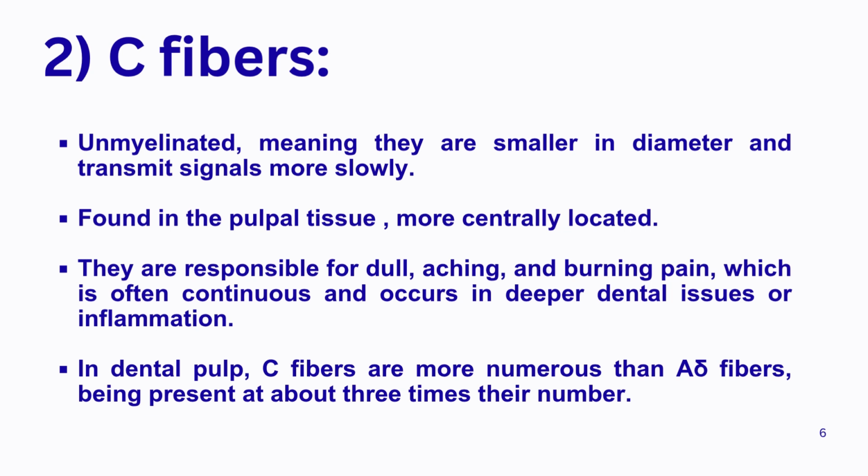The C fibers are located more centrally, in the pulp tissue, and they differ from the A delta fibers in that they are unmyelinated, smaller in diameter, and transmit signals more slowly. They are responsible for dull aching, burning pain, which is often continuous and occurs in deeper dental tissues, or inflammation.